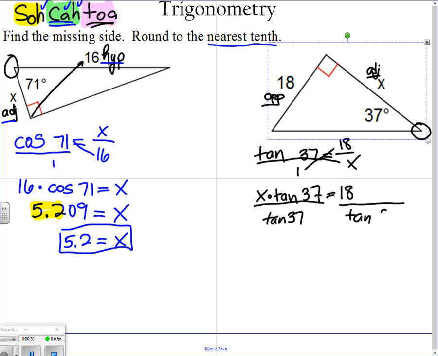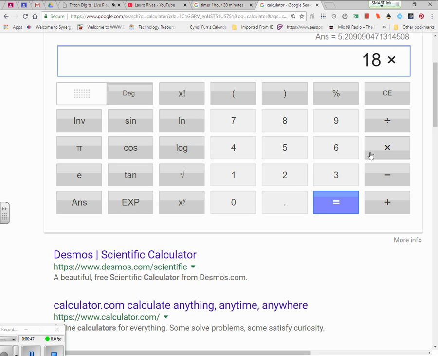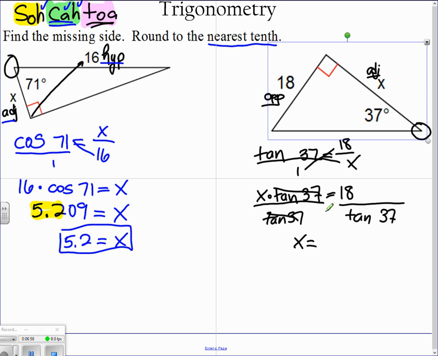This and this will cancel, so the answer will be x equals 18 over tangent of 37. Put that in your calculator. So I'm going to do 18 divided by the tangent of 37 degrees equals, so the answer will be 13.563.